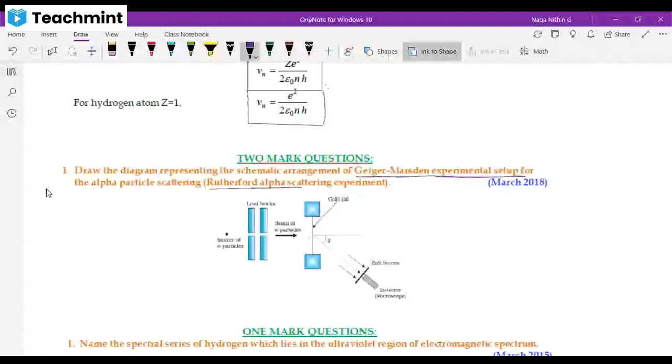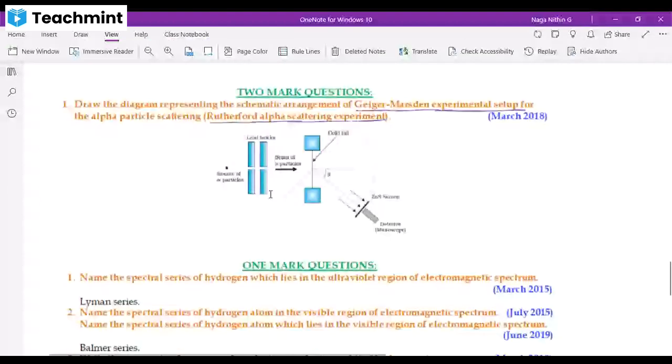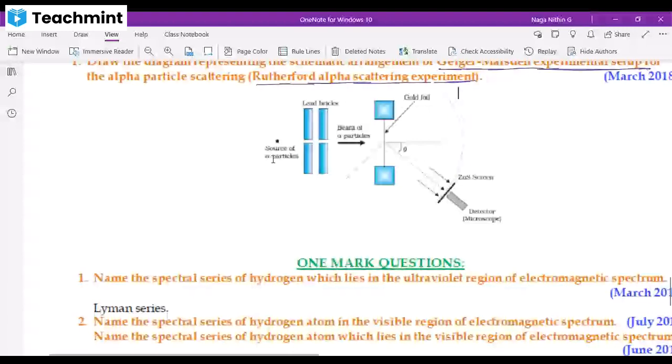So see here how it will be. Here the source of alpha particles will be there. These alpha particles are incident on the lead bricks. From that, a fine, narrow beam of alpha particles is coming. They are incident on the gold foil.